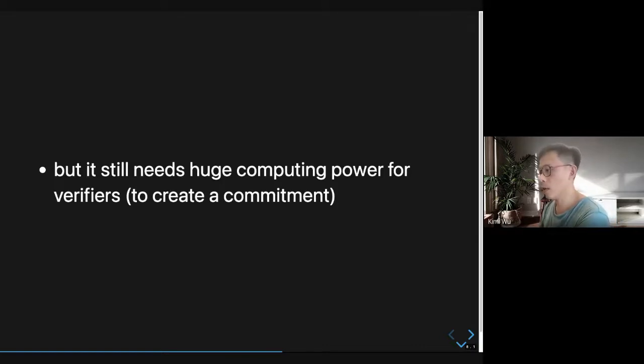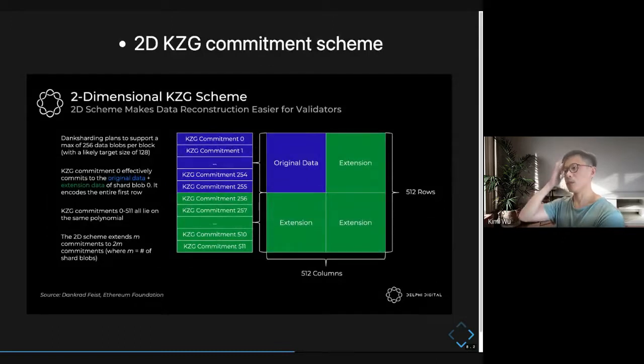So how do they fix this? They use a two-dimensional commitment scheme, which means you can see the diagram here, and the purple blue one is original data, and the green ones are extended through erasure coding.